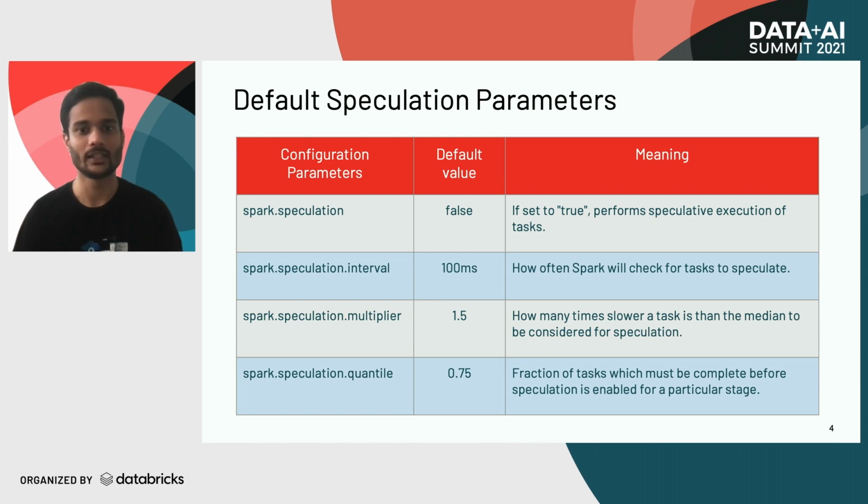The next two configs are the key configs for speculative execution: spark.speculation.multiplier and spark.speculation.quantile. The multiplier tunes the aggressiveness of speculative execution within a stage: how many times slower than the median a task must be in order to be considered for speculation. The quantile determines the fraction of tasks that must be completed before speculation kicks in for a stage.